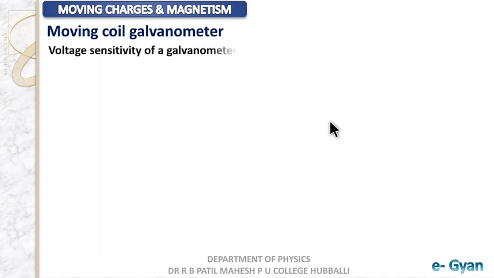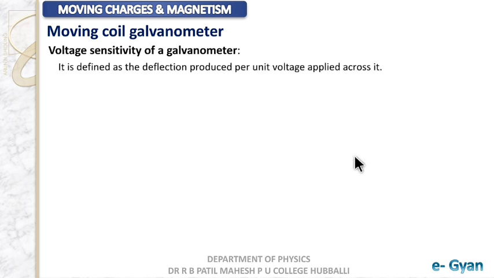Moving ahead, we can also study voltage sensitivity of a galvanometer. Voltage sensitivity is defined as the deflection produced per unit volt applied across the galvanometer. We can write this to be phi divided by V, that is deflection per unit volt. So in place of volt, we can write this as phi divided by I into R from Ohm's law.